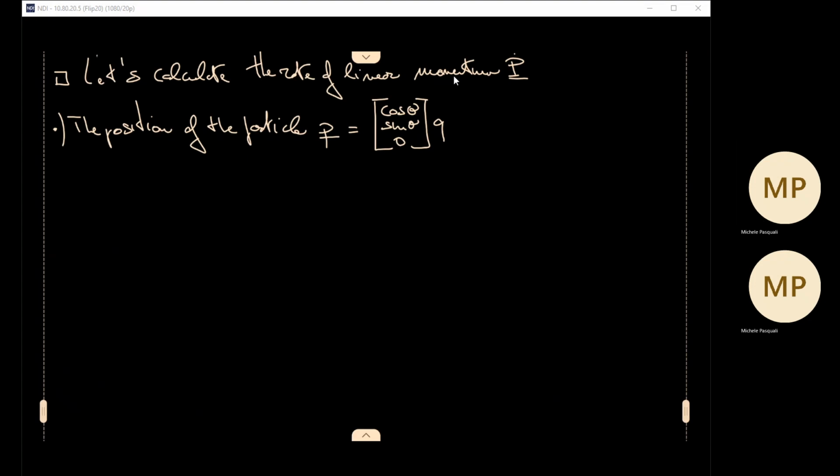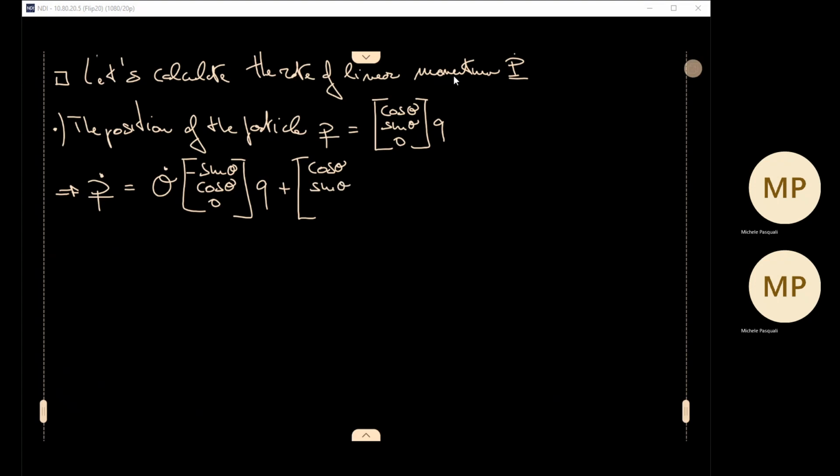Therefore, my P dot, with the chain rule, assumes the following values: theta dot applied over minus sine of theta, cosine of theta, 0, and q is still here, plus the same as before, cosine of theta, sine of theta, and 0, times q dot.